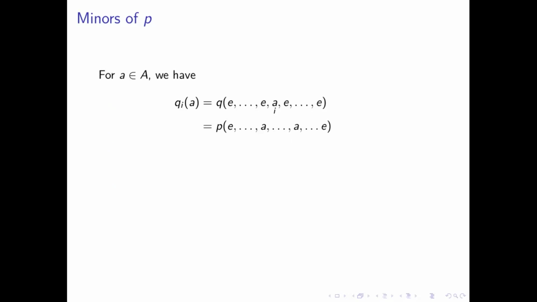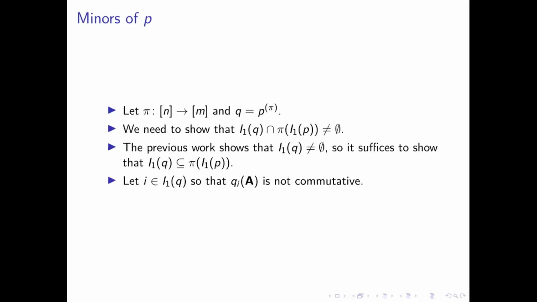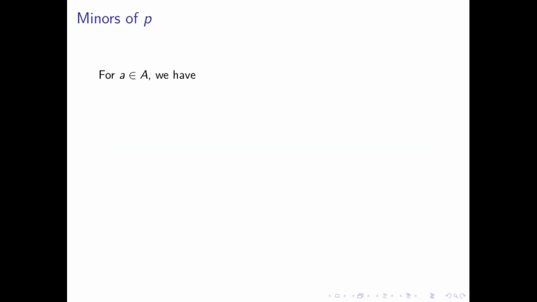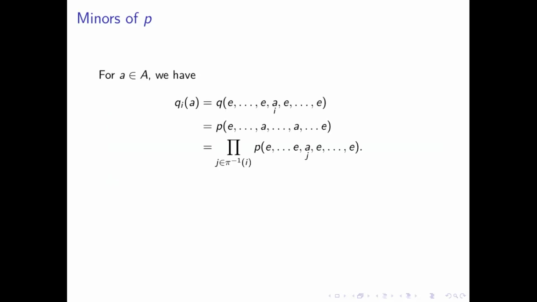A little bit of abusive notation here, but P of E, A, A, E. What this means is, because Q is a minor of P, the second line is just E's and A's, and the A's occur in only the coordinates that get mapped to i under this map pi. So the preimage of index little i under this map pi.